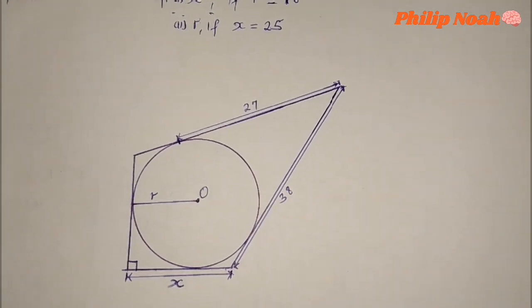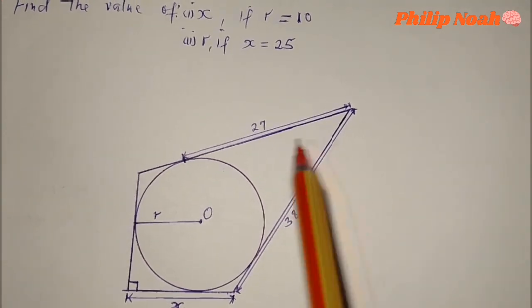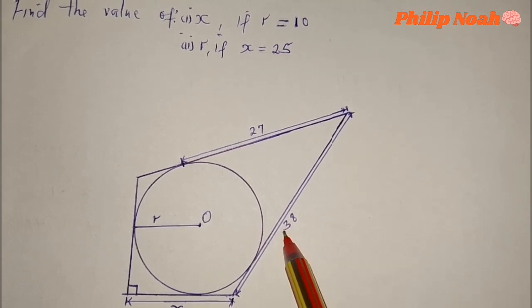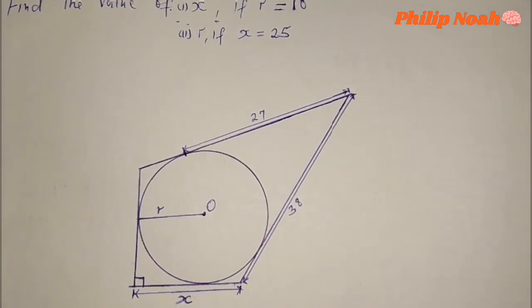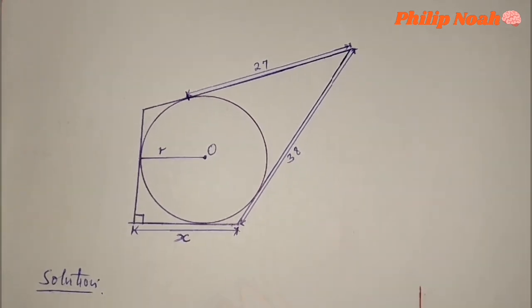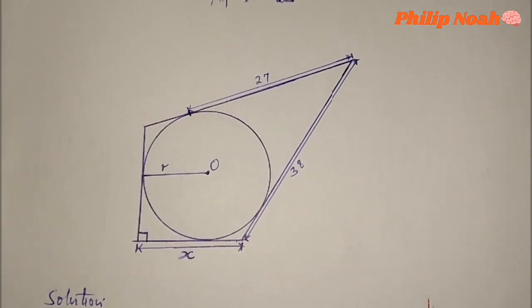First of all, we shall start by relating these two tangents, this one and this one. You have to remember this: tangents to a circle from an outside point are congruent.